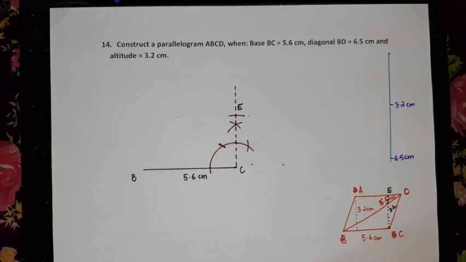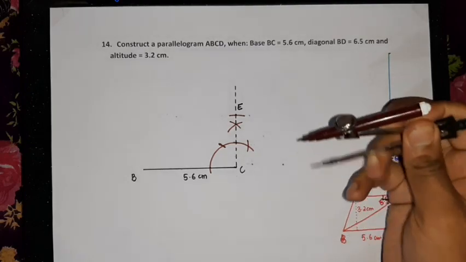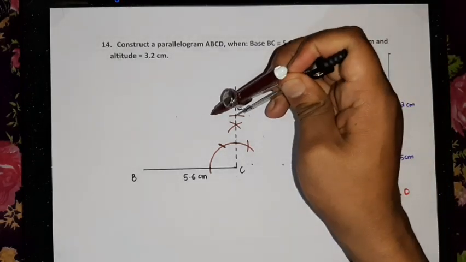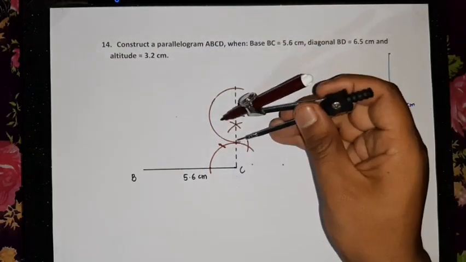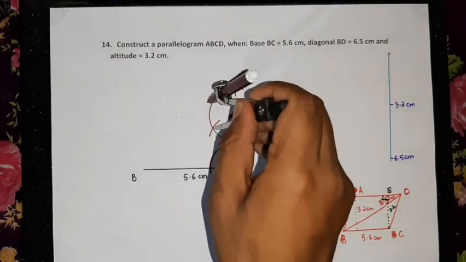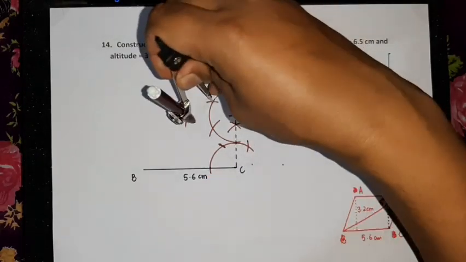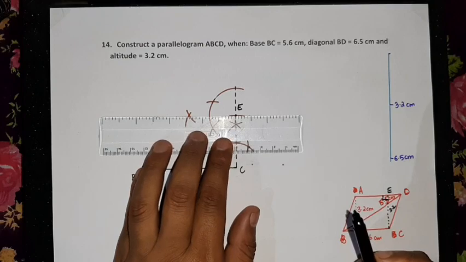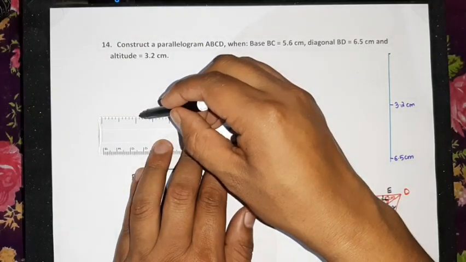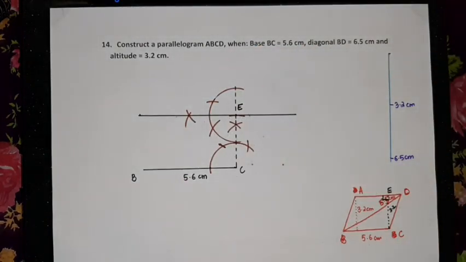Now again my next step will be to construct 90-degree at this point. So let me construct 90-degree at E. Now we have been given only one measurement left, right?